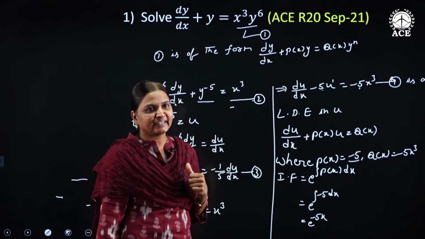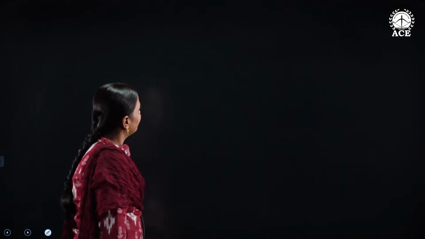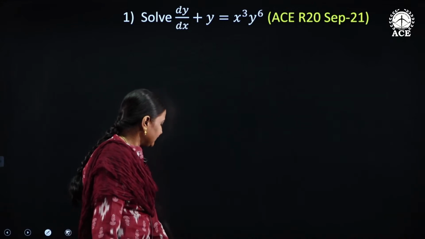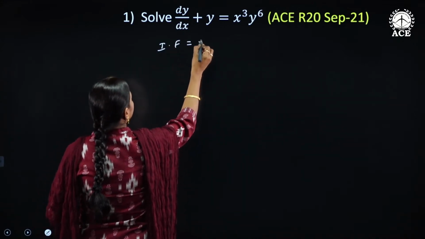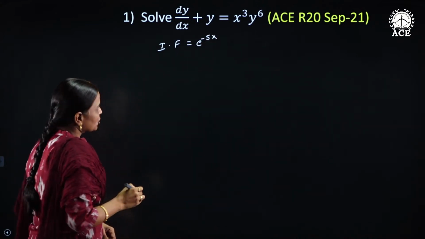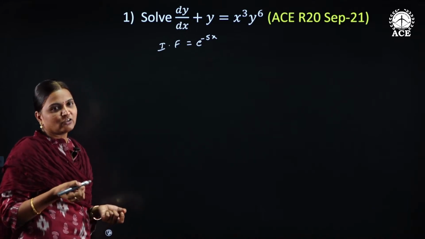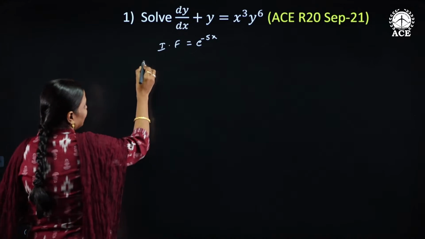After finding the integrating factor, how to write the general solution? The integrating factor is equal to e to the power minus 5x. Now first write the general solution of the new linear differential equation, that means equation 4.